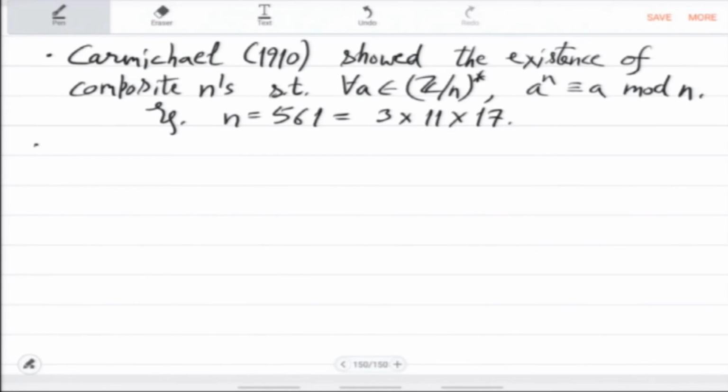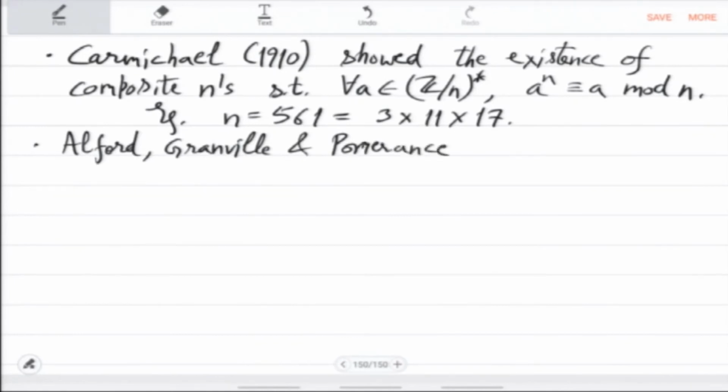In fact, the situation is even worse. Alford, Granville and Pomerance showed that such n's are infinitely many. They showed that Carmichael numbers are infinitely many.